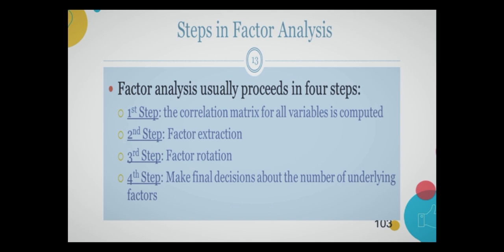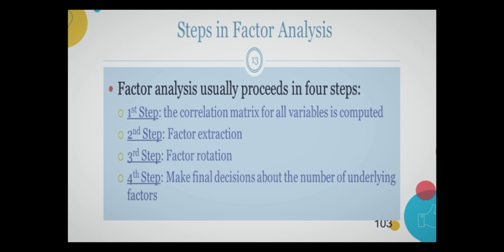If the value of the correlation is very low, less than 0.3, less than 0.1, it seems that there is no correlation between the variables, so no need for us to proceed with the factor analysis.